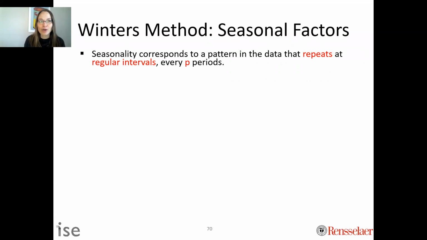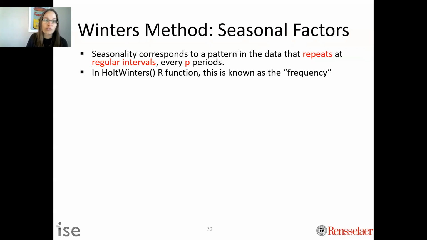If you have a day and you work 8 hours, maybe the morning 8 a.m. is different than the 3 p.m. P can be different values, but it has to be repeating and in regular intervals. This is known in the Holt-Winters function as the frequency, and that is something you have to set. So you have to look at the data and set the frequency equal to whatever it is. I will say this is a little bit of extra challenge you have with Winters method.